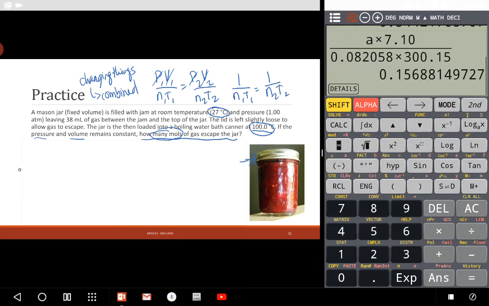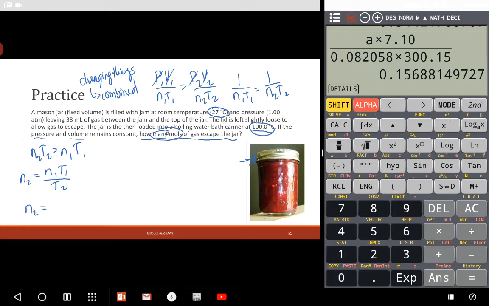And I can rearrange that equation so that N2T2 is equal to N1T1. We haven't seen a gas law that said this relationship, but this is the relationship that we're going to be using in this equation. So my N2 is what I'm solving for. So N2 is going to be equal to N1 over T1 divided by T2.